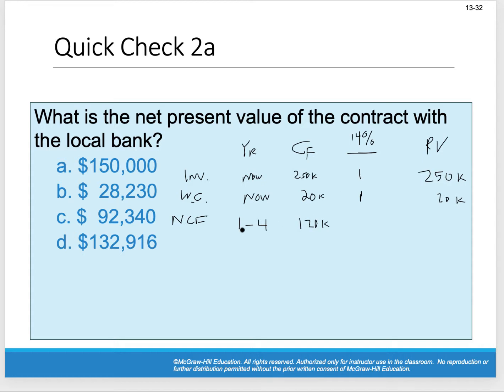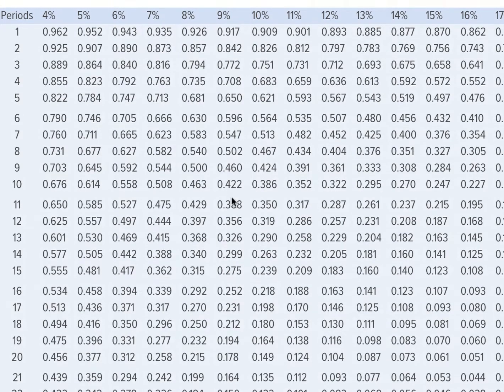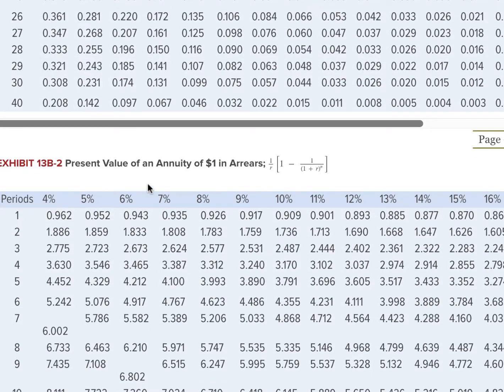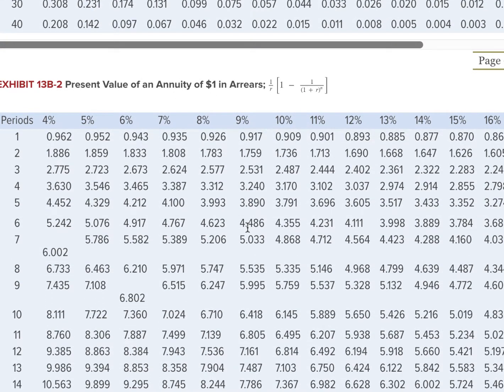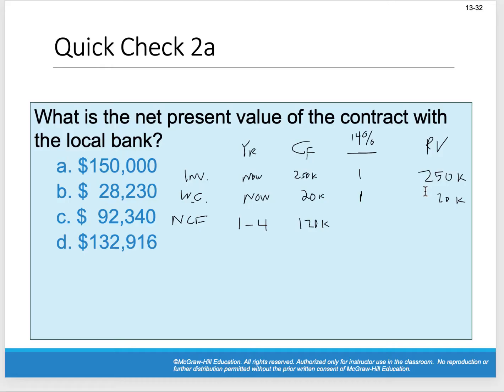Not a problem. This is a cash flow. It's a stream of payments, 1 through 4. Guess what I'm doing? I am going to go to the chart that says present value of an annuity in arrears, and I'm going to look at 14%, and I'm going to go to year 4. And that should be 2.914.